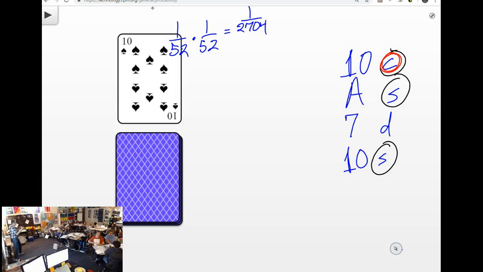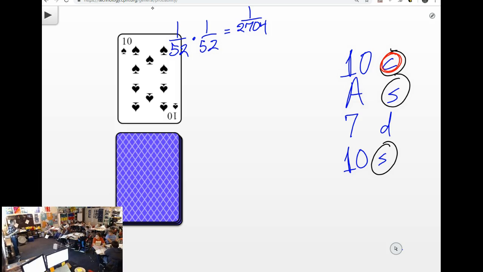But okay, what did we say the probability of black was? 1/2. How many black cards did we get? We got 3 out of 4. Well, we actually got 4. I didn't put that last one on because I wanted the math easy.